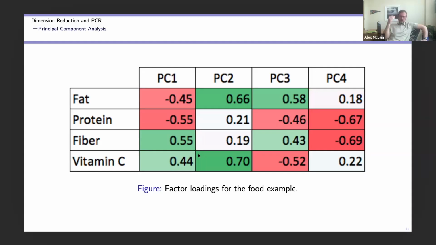Foods that are low in fat, low in protein, high in fiber, high in vitamin C are going to have high principal component scores.